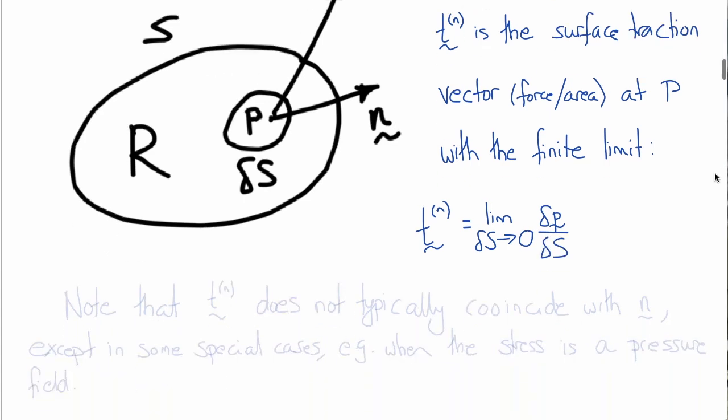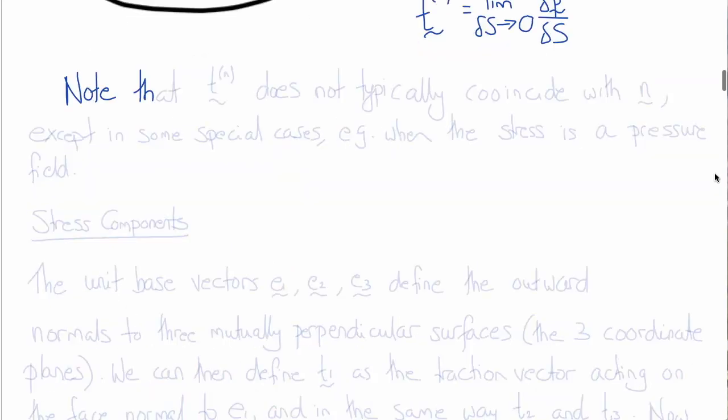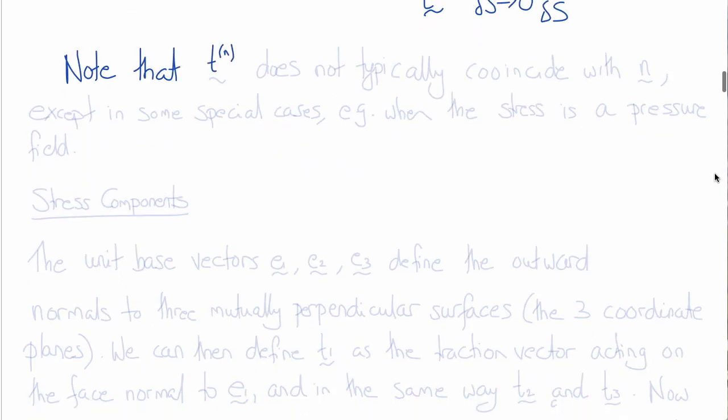Now, notice in general that T superscript N does not typically coincide with N, except in some special cases such as when the stress is a pressure field, in which case all tractions would be normal to the surface. But normally they're not.